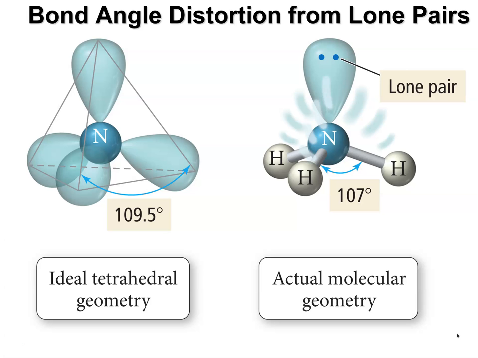So the bond angle gets smaller, because those hydrogens are pushed closer together. Questions on this example? Okay.